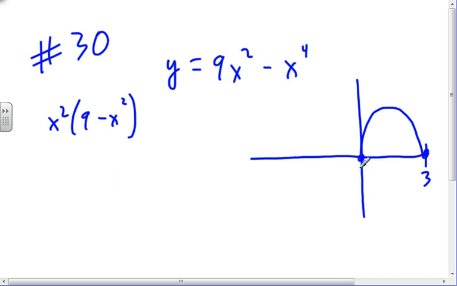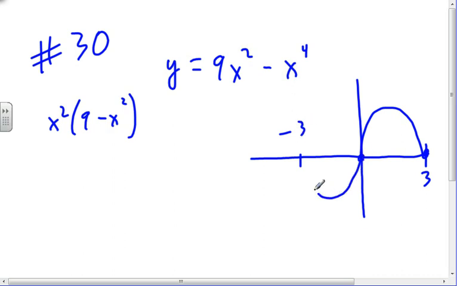What's happening over here, I wonder? As x goes negative, something funny is happening on this side. When x is -3, this is 0.